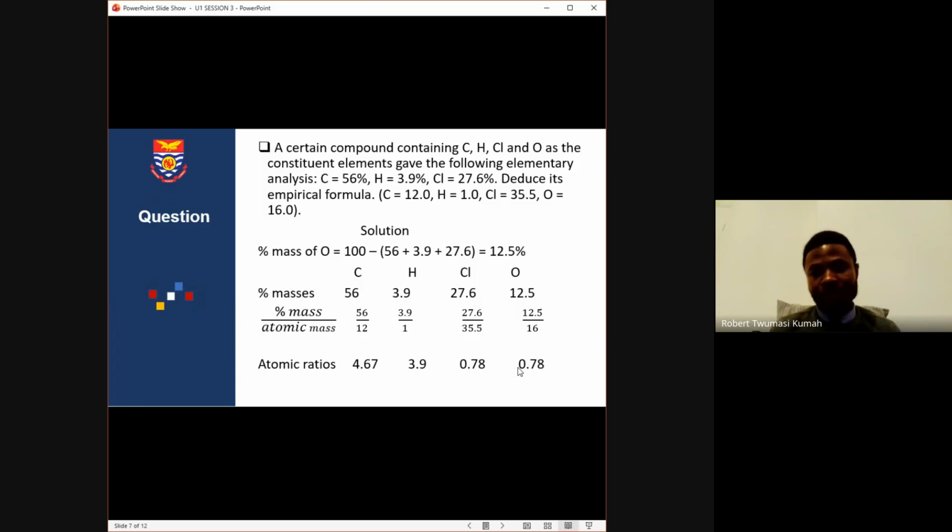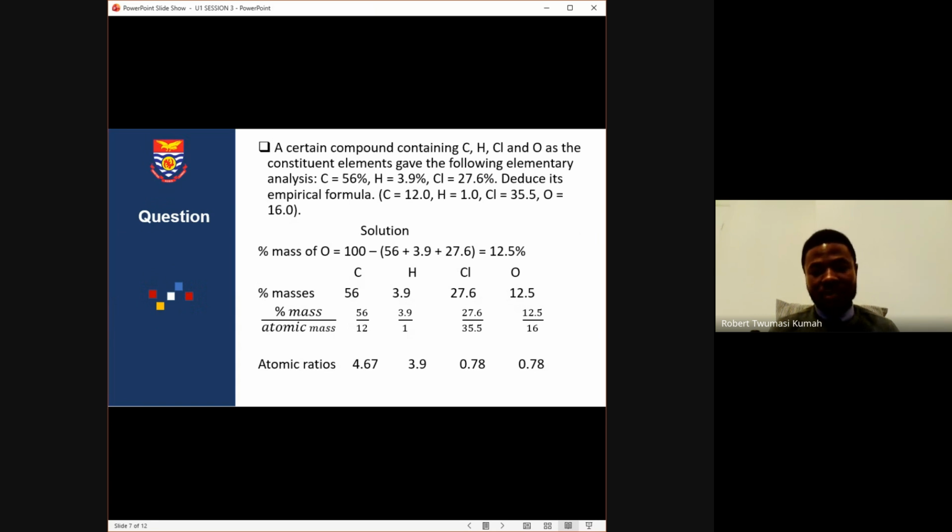But remember, when we define empirical formula, we said the simplest whole number ratio. These are not whole numbers, are they? They are not. If they are not whole numbers, then we have to convert them into the simplest whole numbers.